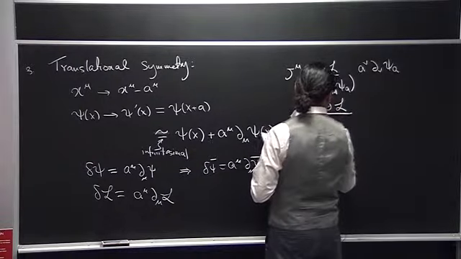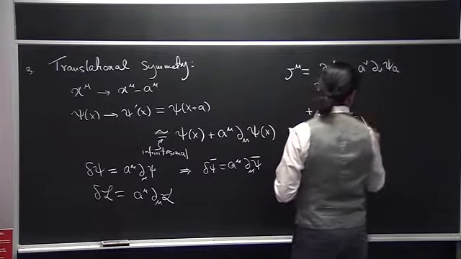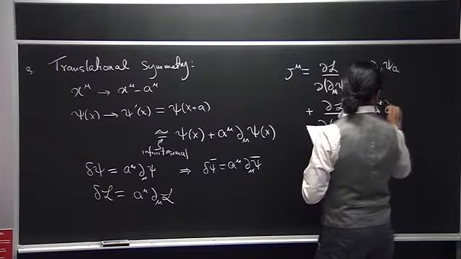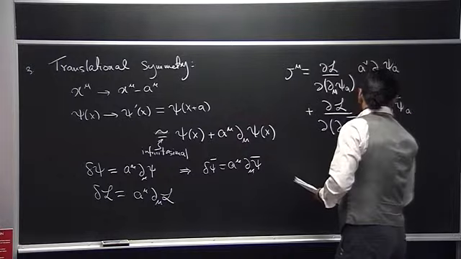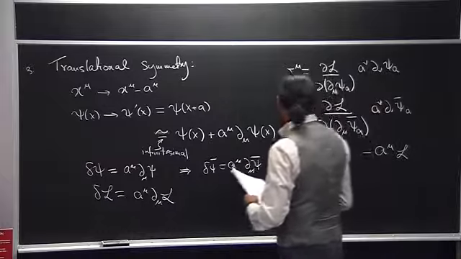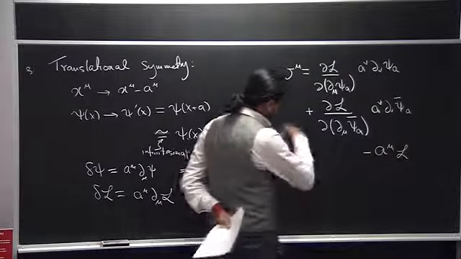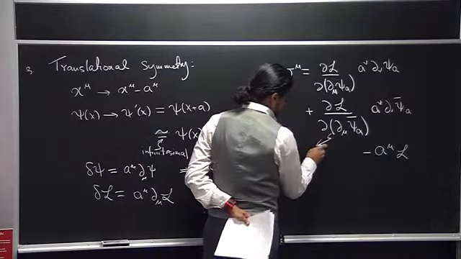There's a corresponding term for the bar. Then minus A^mu times L. Now, the way that we have chosen our Lagrangian means that this term is actually 0.